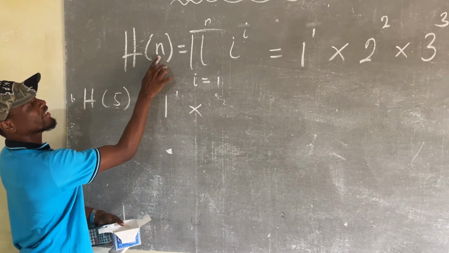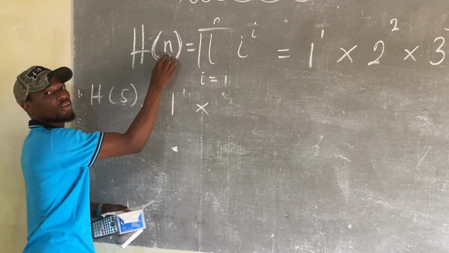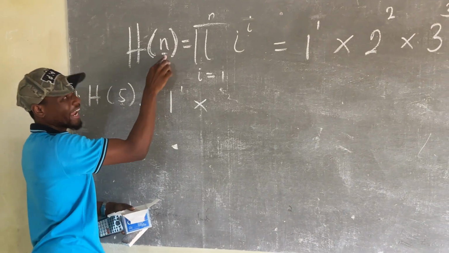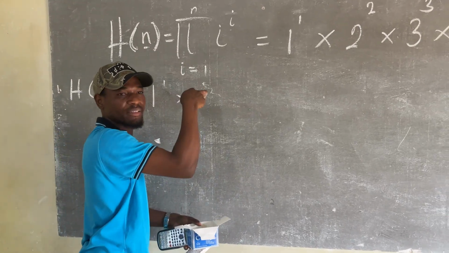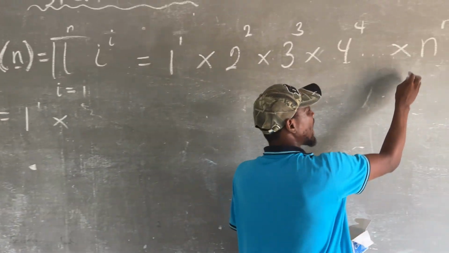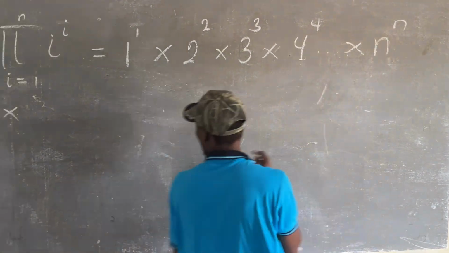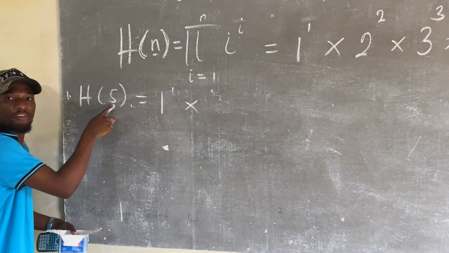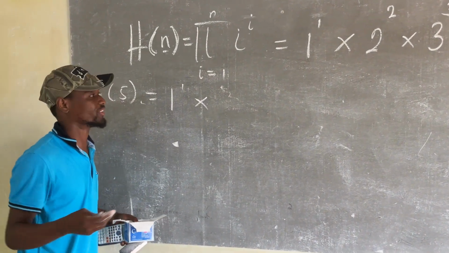You begin with the number inside the parenthesis, which is n, which indicates my terminating point. You see, I ended at n raised to the power of n. So here I have it to be 5, for my terminating point. Then I'll end at that point.